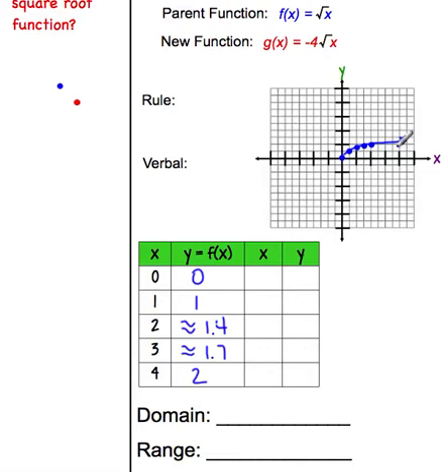So now we need to start looking at this new function. As you can see, with this new function, we've got this -4 out in front. Now, if you recall from our information we took down in our notes yesterday, when we have a number out front, that tells us that we have a vertical, either stretch or compression, and because that 4 is bigger than 1, we know it's a stretch.